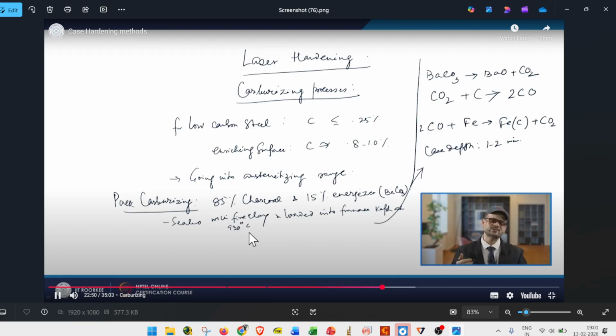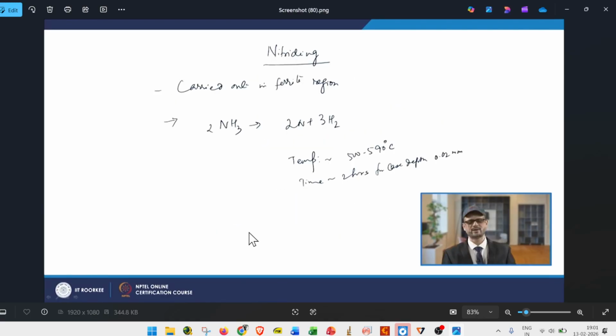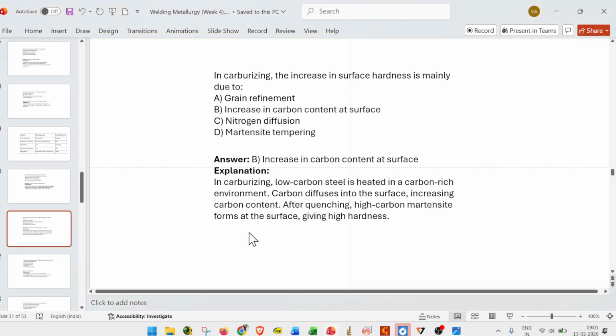That will make the surface harder. Nitriding is also one of the processes where we introduce nitrogen into the surface to increase its hardness, which we will see later. So carburizing is to increase the carbon content of the surface. This is the answer.